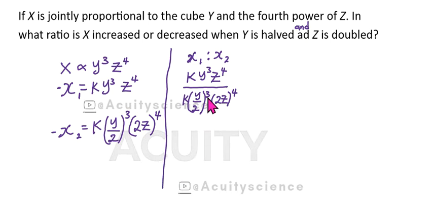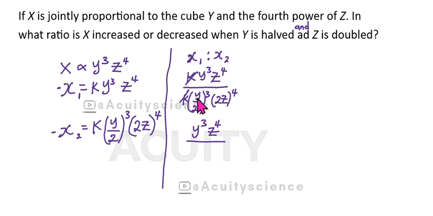Let's see how far we can go with simplifying that. The numerator is not changing anytime soon. We can cancel out k, and there will be no need for it at all. Then we return to y to the power 3 z to the power 4 over, okay, it's time to separate these.